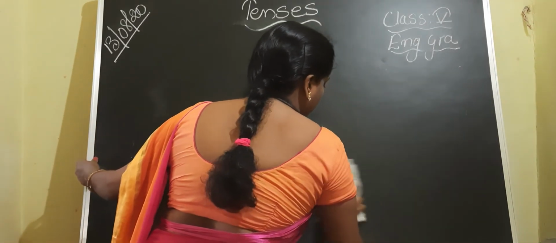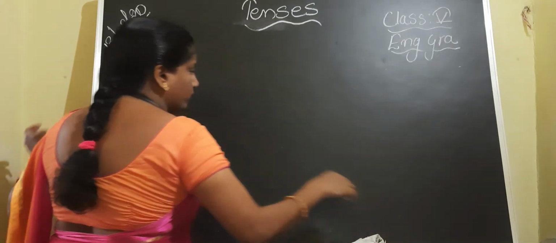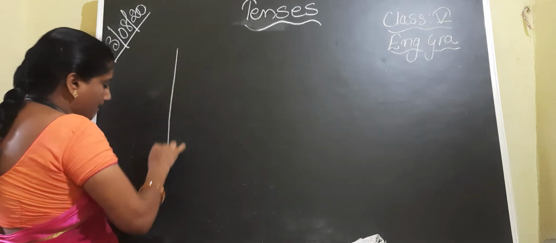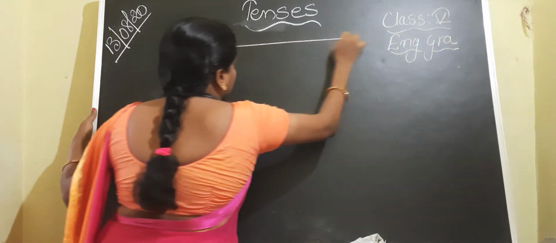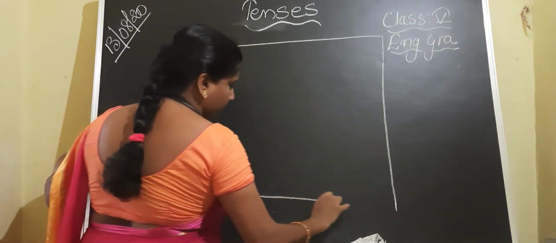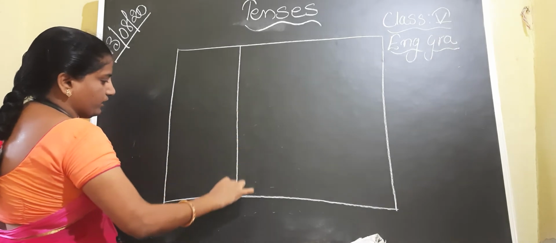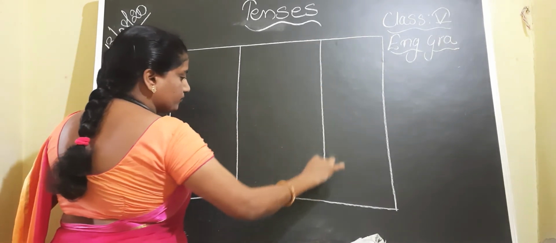Now I will draw a table, children, and I will write the names. Today we will conclude the chapter. See, for your convenience, to learn the names by heart, I am giving a tabular form so that you can easily memorize them.